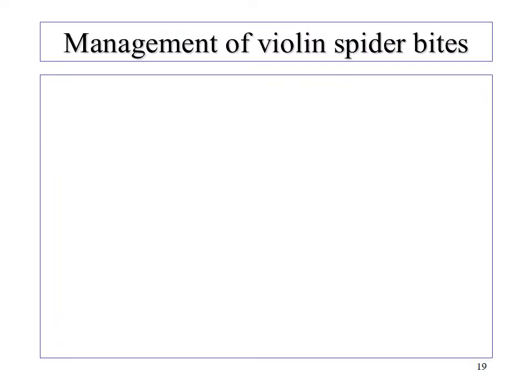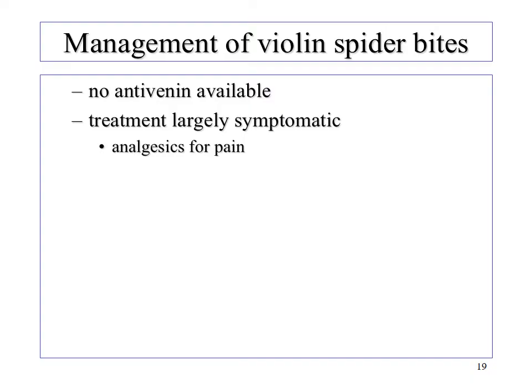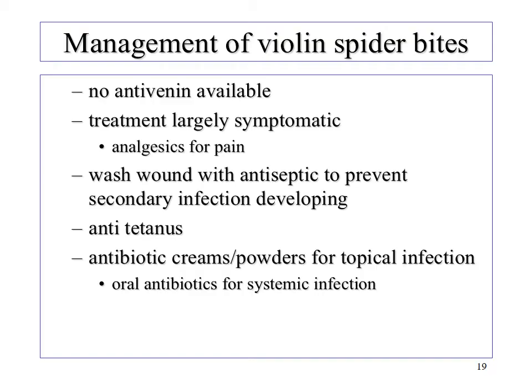With regards to the management of violin spider bites, to start with, there is no antivenom available, and management is largely supportive and symptomatic. So you'd give analgesics for the pain. Antihistamines have no role to play in the management of cytotoxicity as a result of violin spiders. You want to keep the bite site clean to avoid secondary infection because that can really complicate things.